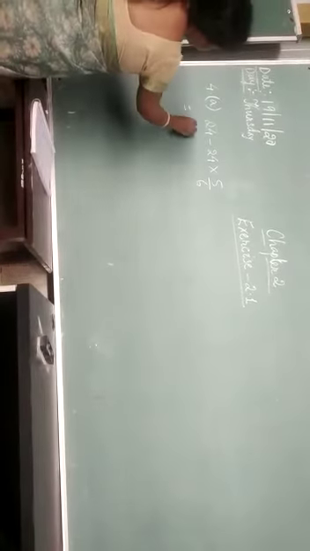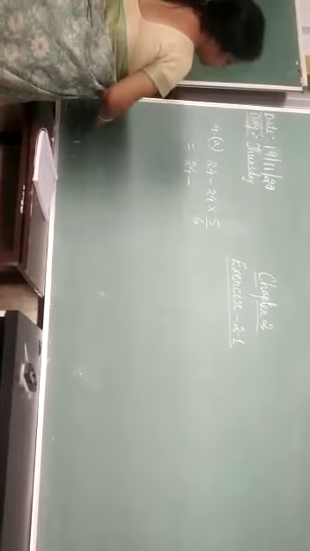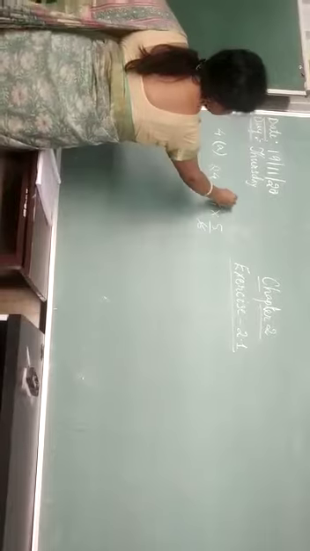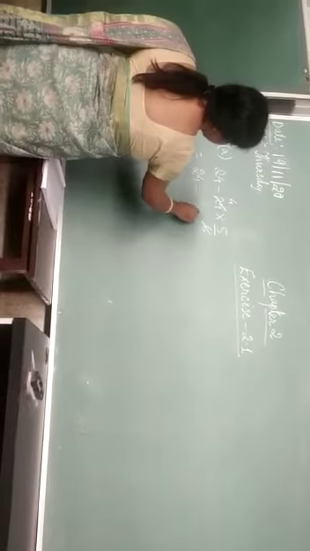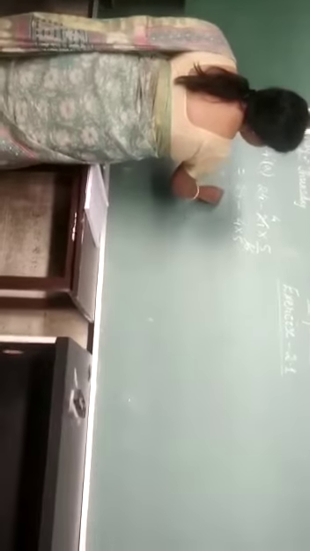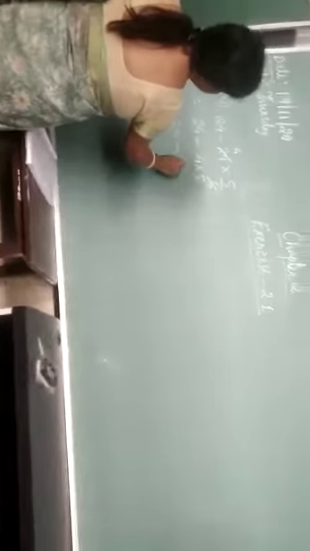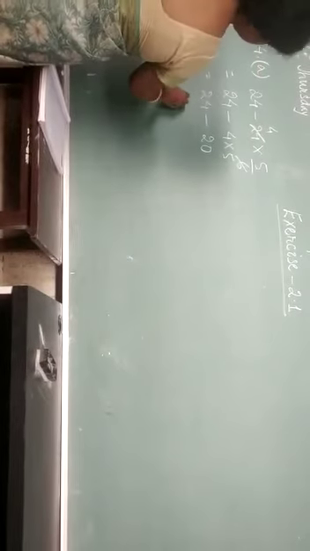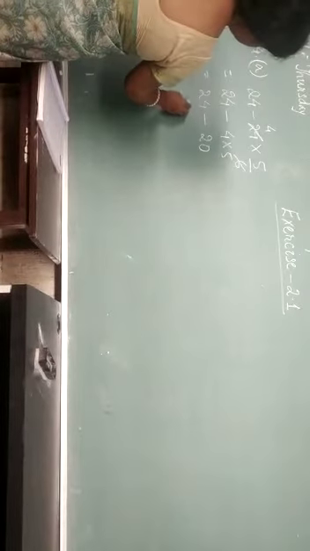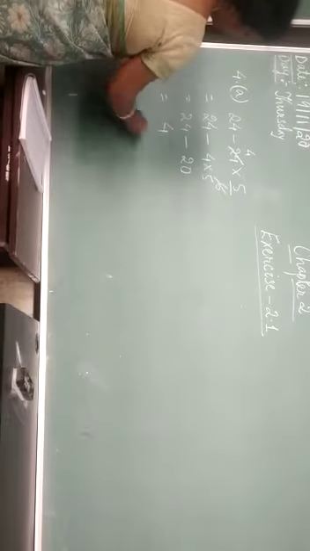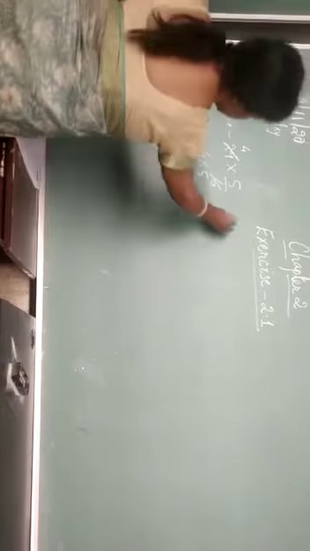So now first we will simplify this part. 4 6s are 24. So what is the remainder? 4 into 5 is the remainder. So 24 minus 20. So what will be the answer? 24 minus 20 is 4. So this is your answer.